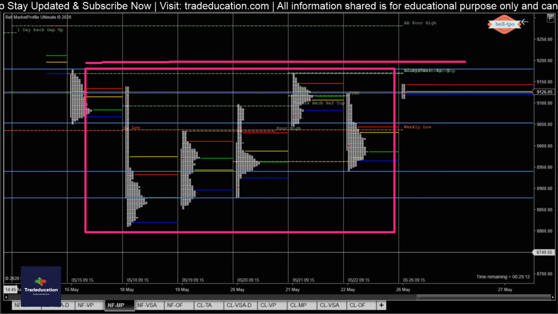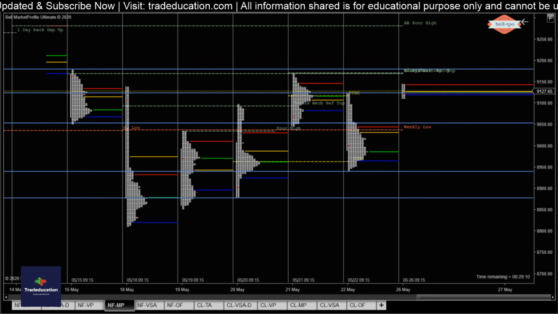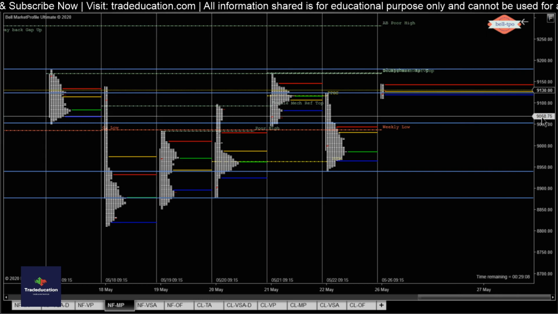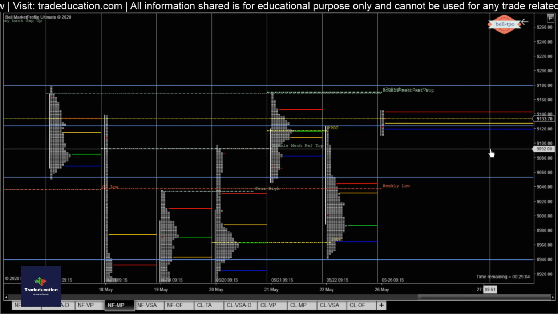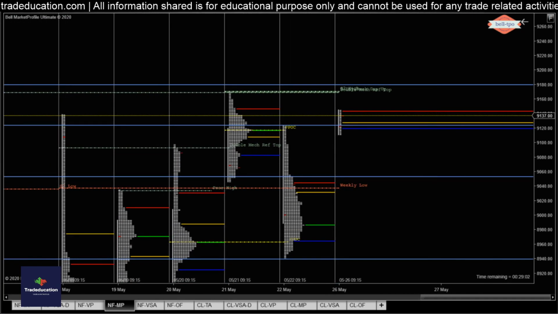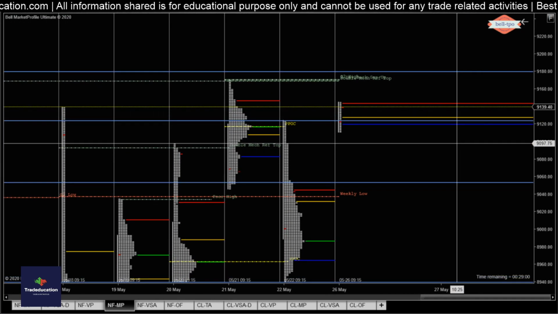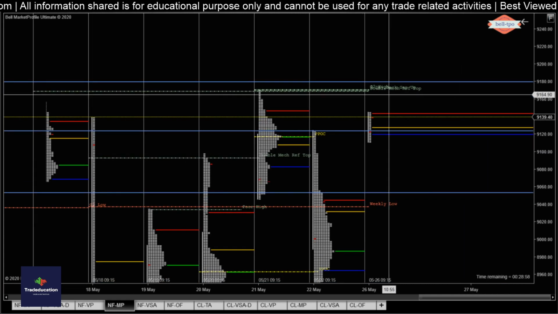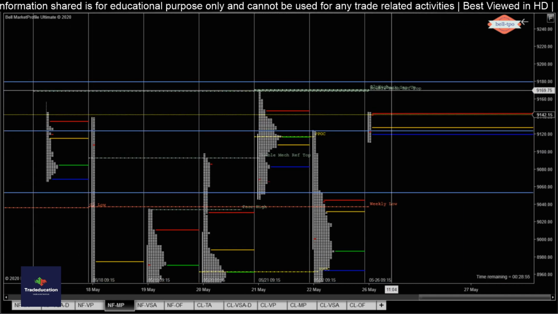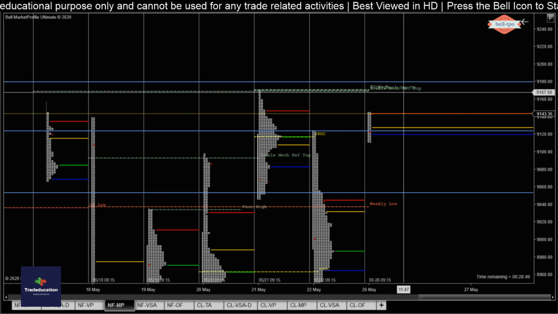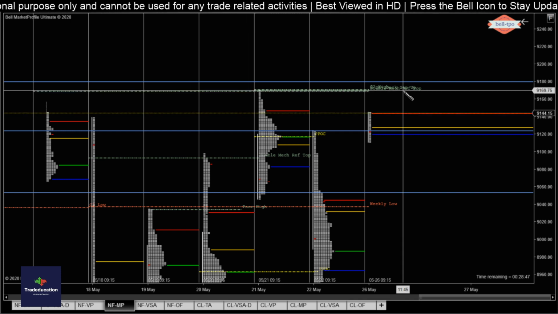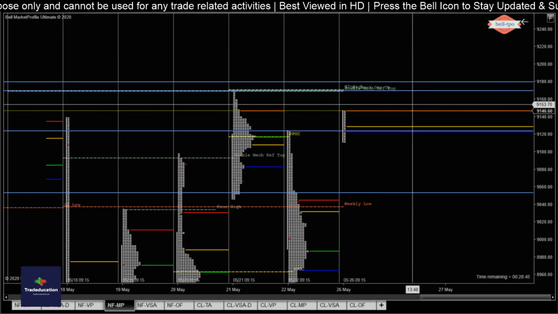Let me delete this. We are still trading in a bigger balance, and let's see what happens now. The odds increase of the highs of the 21st of May and the 15th of May. This is also a point of reference.